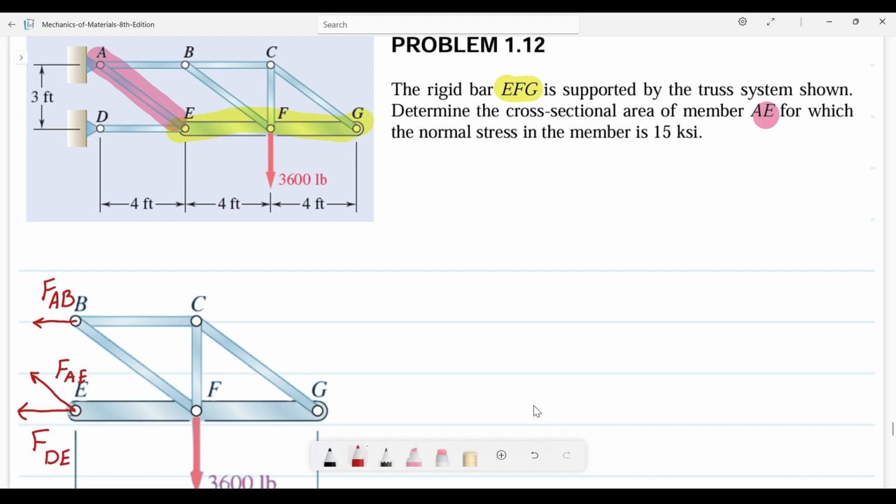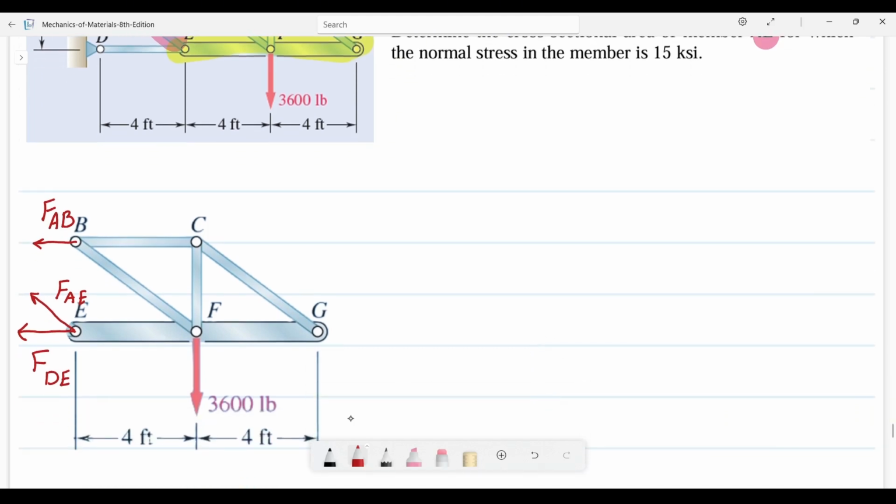And also, according to the equation, sigma Fy equals 0.